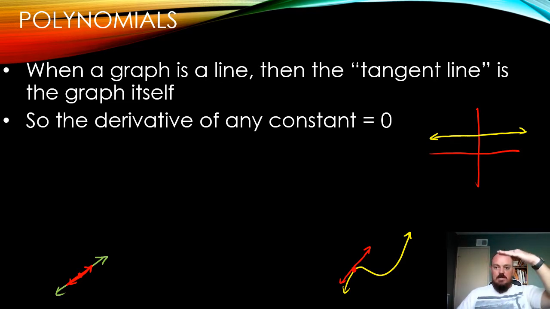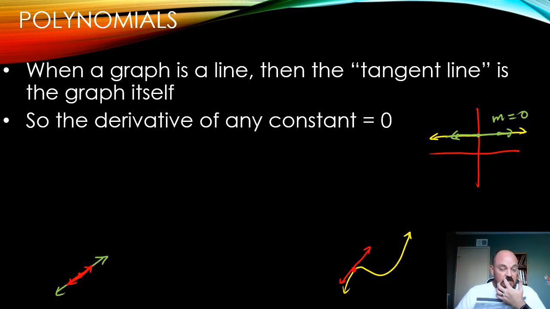Now, it doesn't matter where it is. It could be at 2 or 10 or negative 20. It's a horizontal line, and its slope is 0. Well, if I ask you to take the derivative of that function at any point, doesn't matter if I pick a point here or right on the axis or anywhere, the derivative is the slope of the line itself, and the slope is 0.